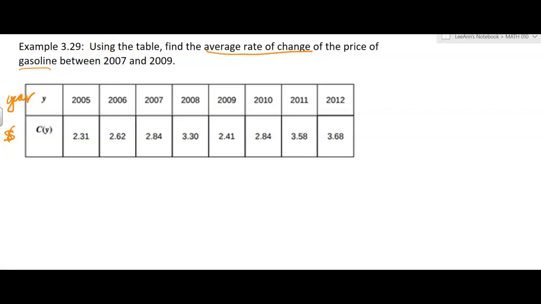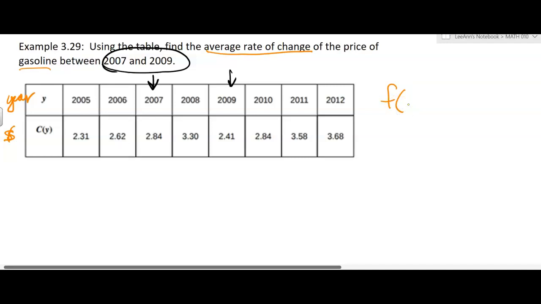And so we're going to go from 2007 to 2009. So when we figure our average rate of change, let's write the formula. So it's going to be f of, well, actually it's C. That's our function.